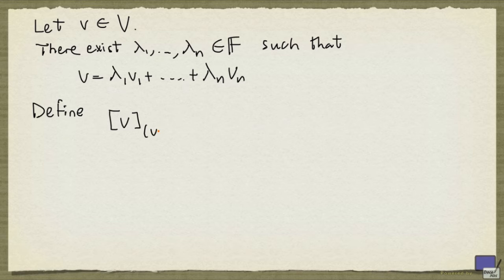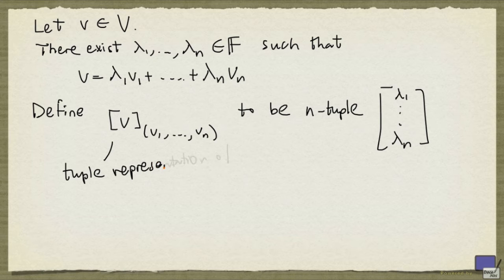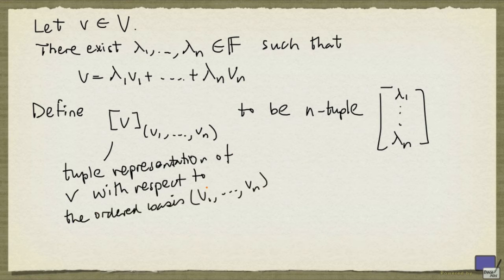We denote that by open square bracket v close square bracket subscript the ordered basis. And this is the n-tuple lambda1 up to lambda n. So again, this is the tuple representation of v with respect to the ordered basis V1 up to Vn.